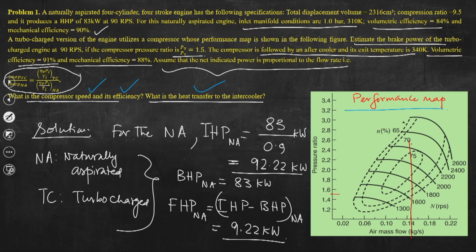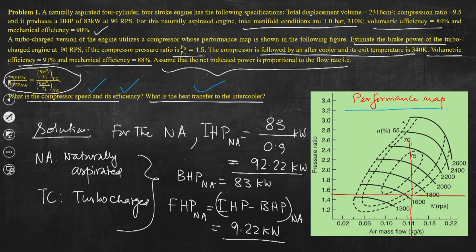We also need to draw another horizontal line, parallel to the x axis, passing through the point where pressure ratio is 1.5. These two lines will cut the iso-efficiency line in this performance map, and from there we can easily estimate the efficiency and then the speed.